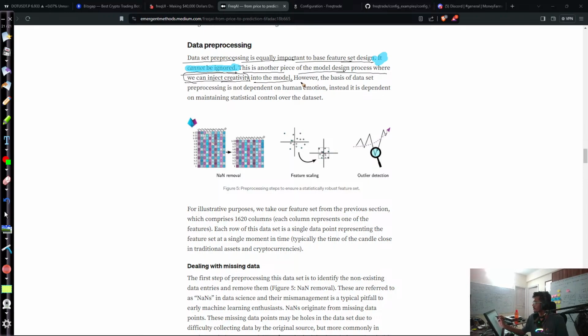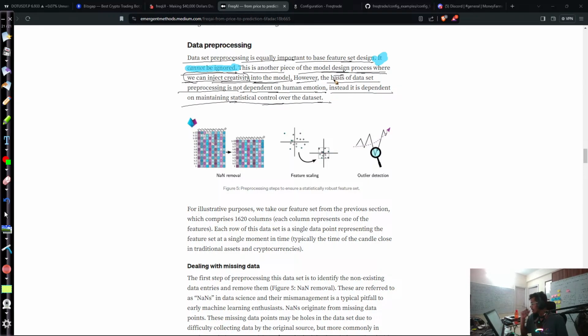Now, however, the basis of the data set pre-processing is not dependent on human emotion. Okay, this is very important. Instead, it is dependent on maintaining statistical control over the data set.